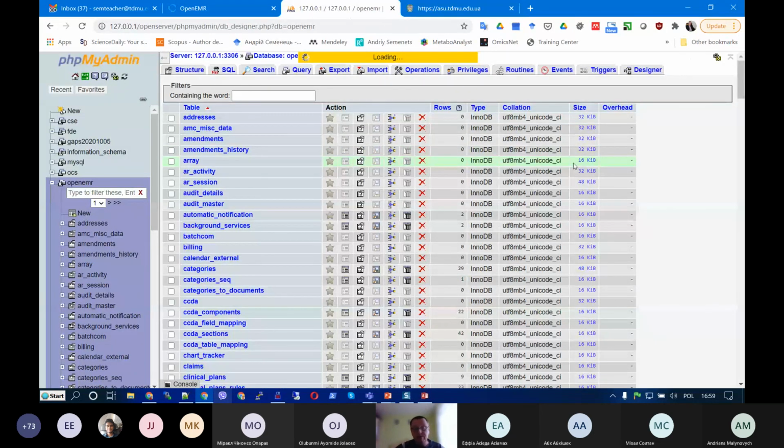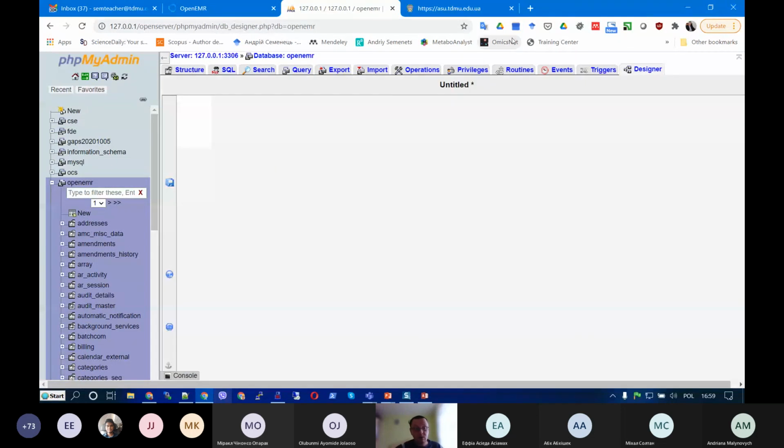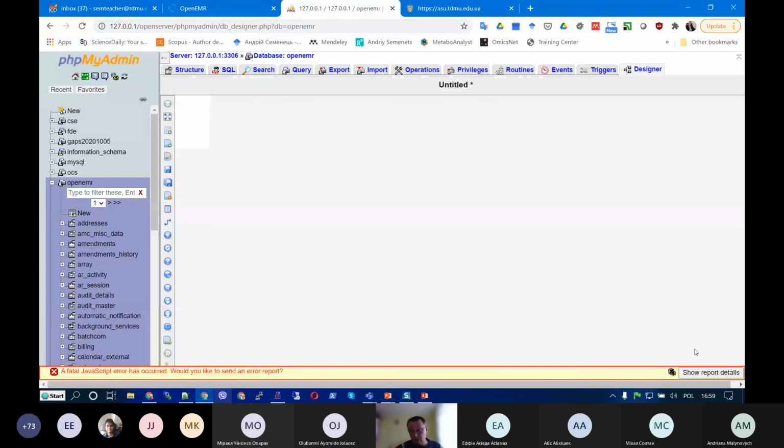And I don't know if it will be possible to draw the design of OpenEMR right now. No. Okay, can't, too many tables. Too many tables, we have issues. So for me it's actually not even necessary to deal with this level.